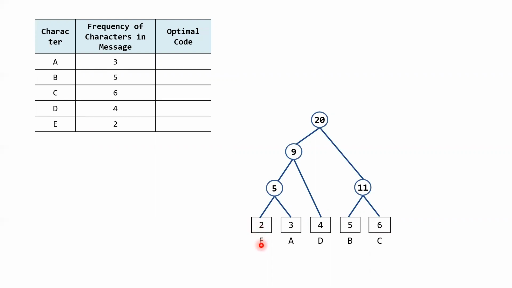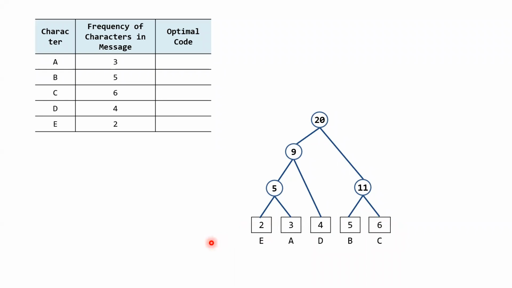And you can see that the characters are ordered as per their frequency value. In ascending order, I have ordered them. Least frequency to the maximum frequency. Now you have come up with the leaf nodes.